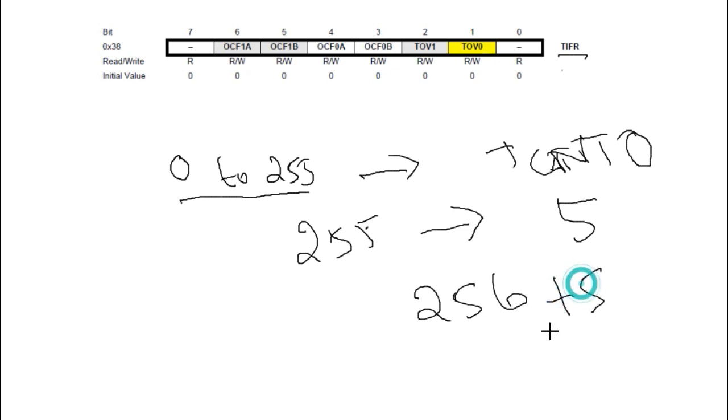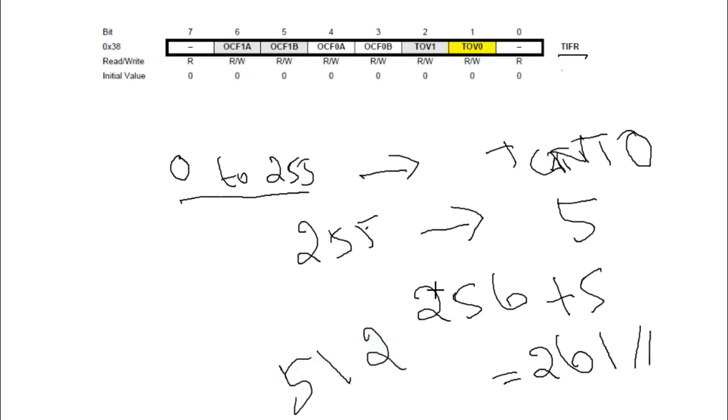So we can deduce that our total counter value is 261. This is how we are going to perform the counts. When the counter overflows a second time, we understand that the counter has reached 512, since 256 times 2 equals 512. That is how the overall counter reading and interpretation occurs.